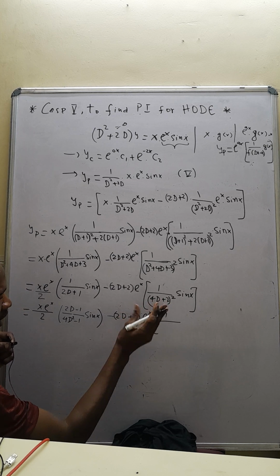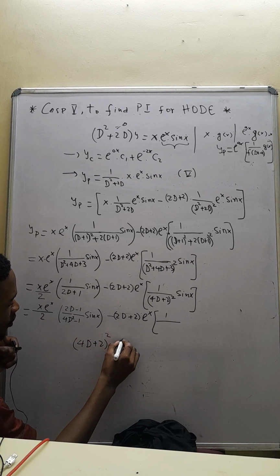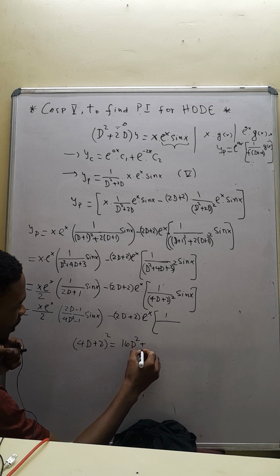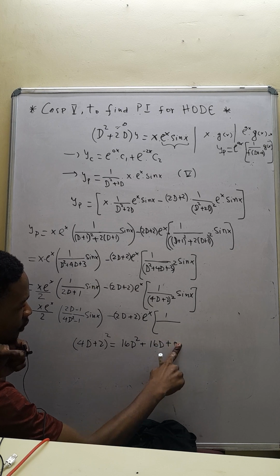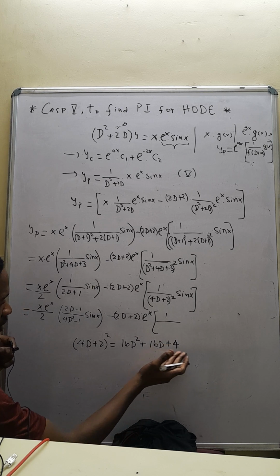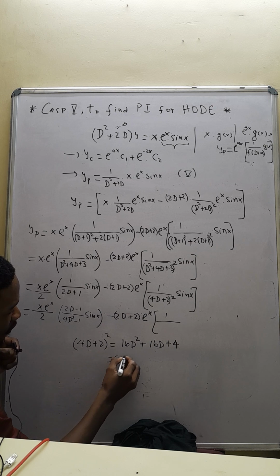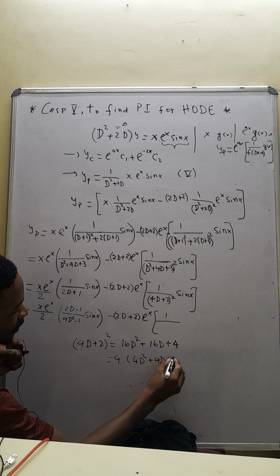Just split it. It will be 4d plus 2 square. This will be 16d square, then plus 16d and plus 4. Just take common your 4. You are going to have 4d square plus 4d plus 1.